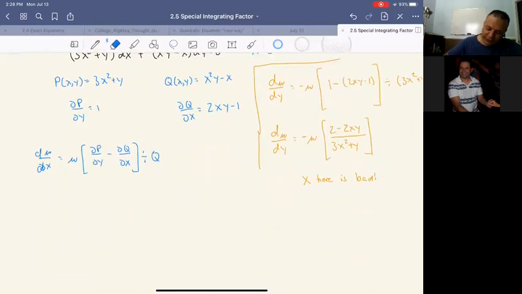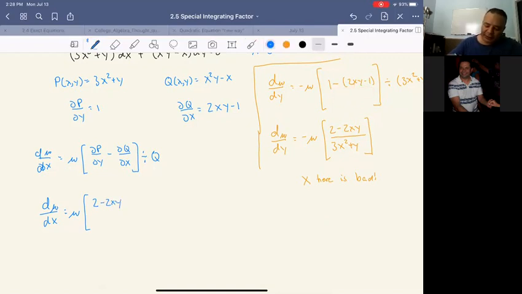So if we go with this one, we're going to take d mu dx equals mu times the partial of P with respect to y minus the partial of Q with respect to x. We actually already did that. That's going to be 2 minus 2xy, the same as this thing here.